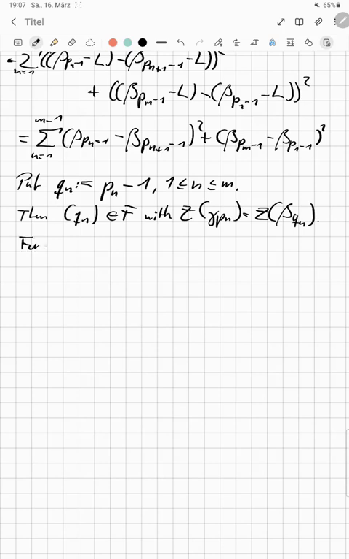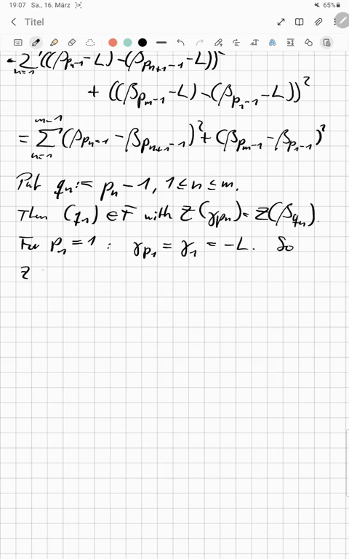And for P1 being equal to 1, we know that gamma P1, this is just gamma 1, which is the negative of the limit of the betas, minus L.